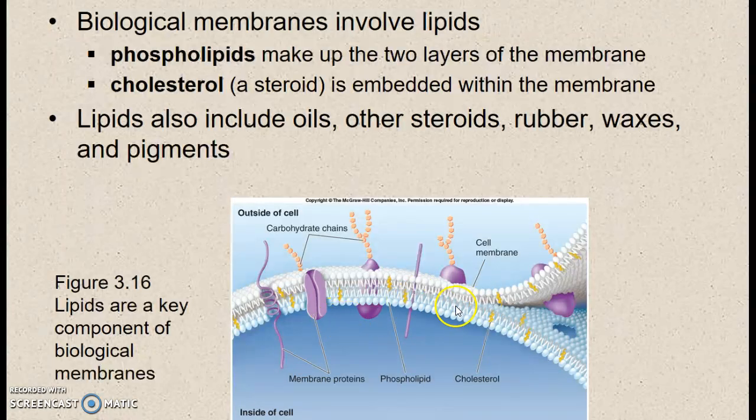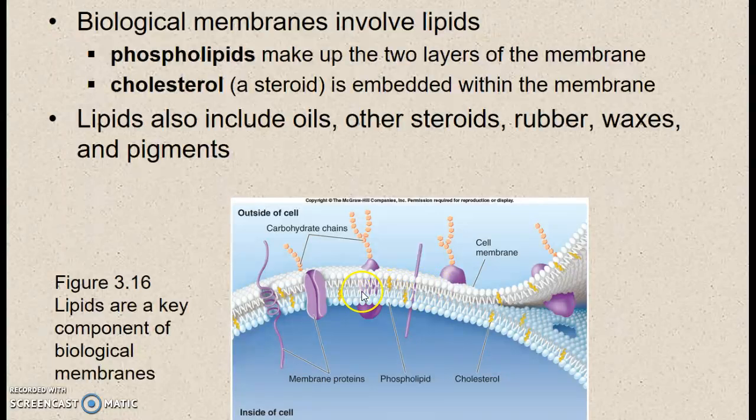So the hydrophobic tails of the phospholipids are attracted to each other and repelled by water, so they turn to the inside of the plasma membrane, and the phosphate heads are hydrophilic or polar, and they are attracted to the water or the aqueous solution.